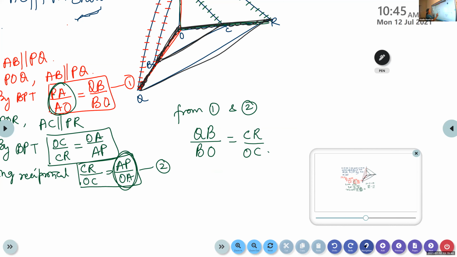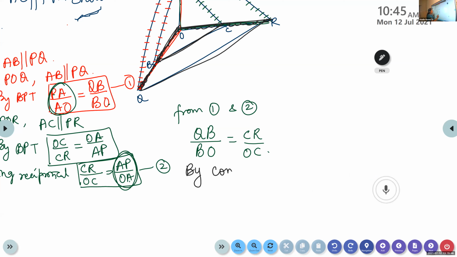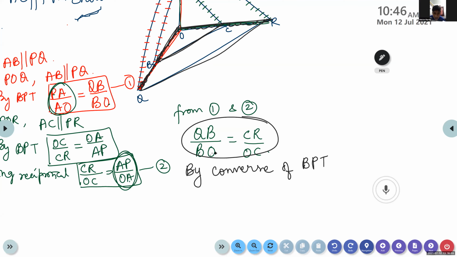So from 1 and 2 we have this. Therefore, by the converse of BPT. Remember, as it is shown, it is proportional. What is the result we are getting from 1 and 2? When you compare, are we getting the ratios equal? Yes, ma'am. How can we understand that it is the converse of BPT?